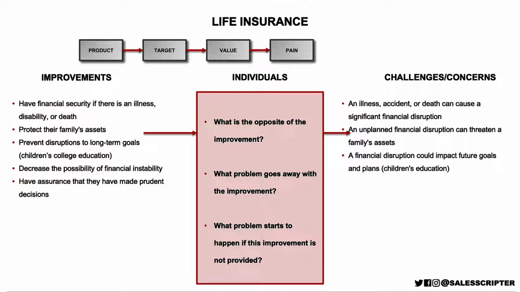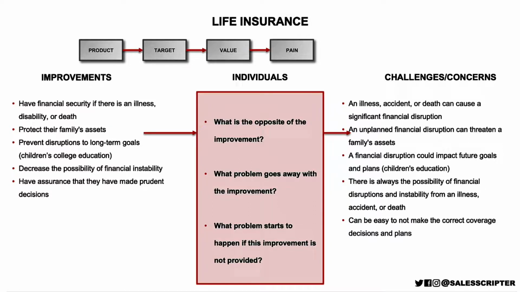For example, an unplanned financial disruption could get in the way of your children going to college if that's a very important long-term goal for you. And there's always a possibility of financial disruptions, instability from a potential illness, an accident, or an unplanned death. And it can be easy to not make the correct coverage decisions and plans, or it can be difficult to make sure that you're making the proper plans to have the right coverage in place.